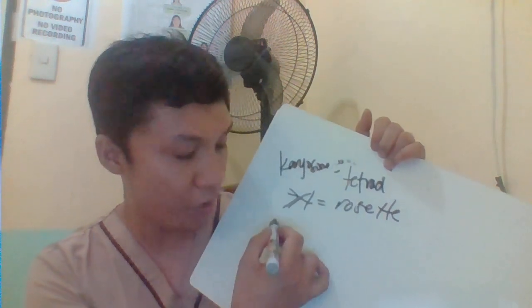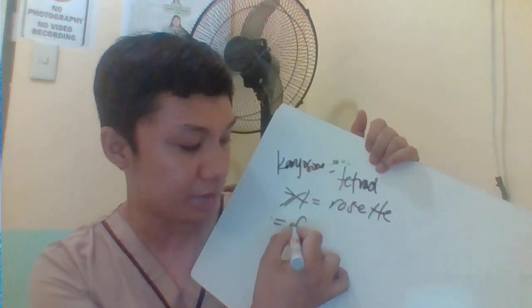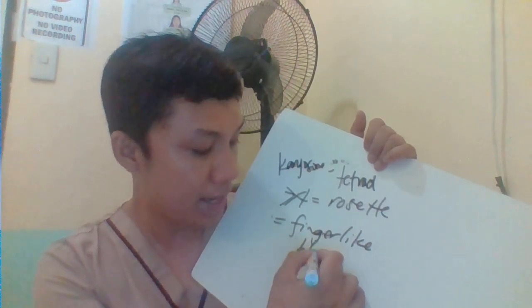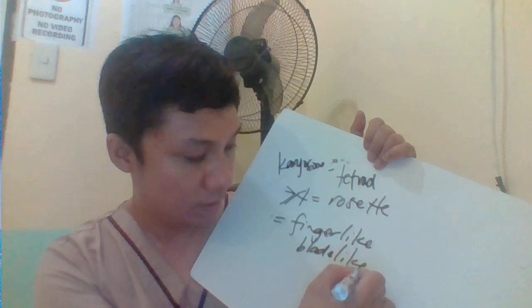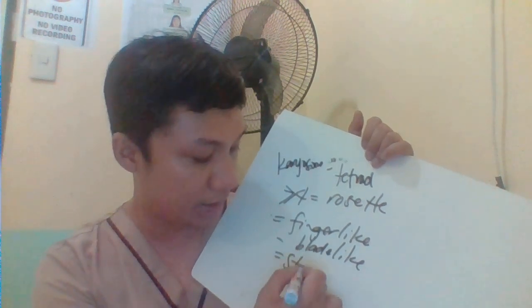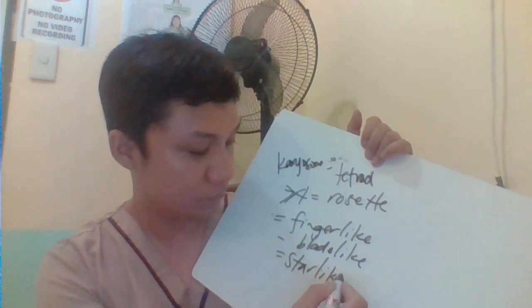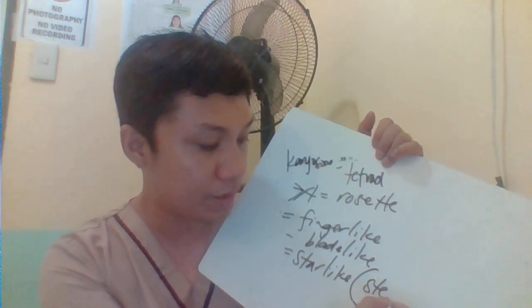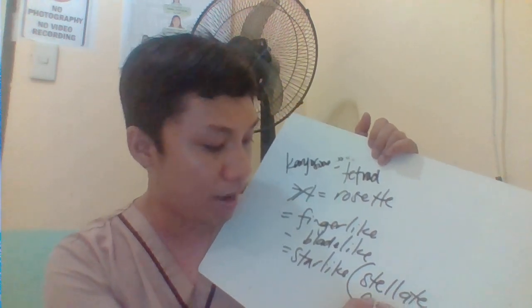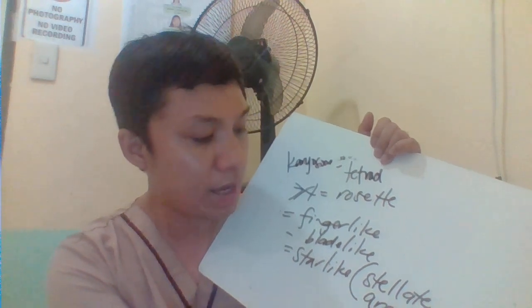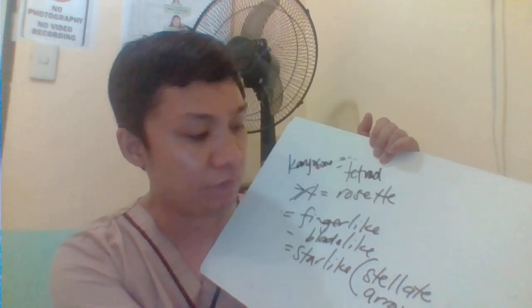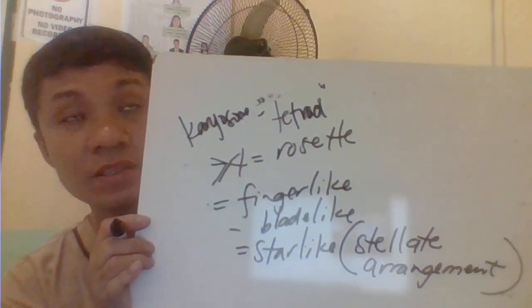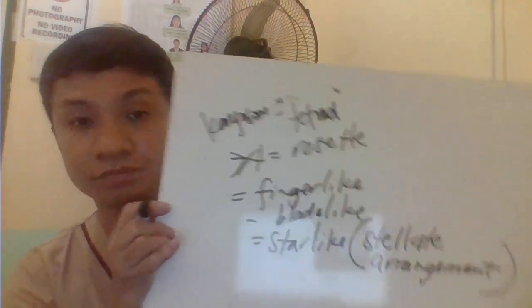The pseudopodia is described as finger-like, blade-like, and also star-like, or you call that a stellate arrangement. Again, this one only has the trophozoite stage, wala siya ring cyst stage.